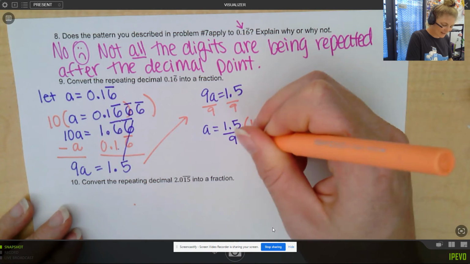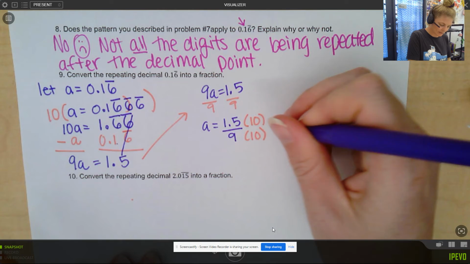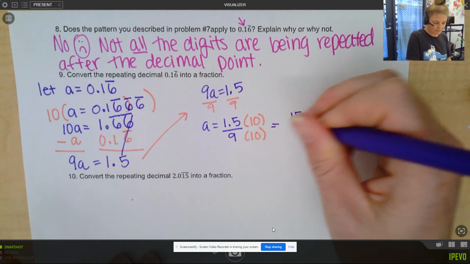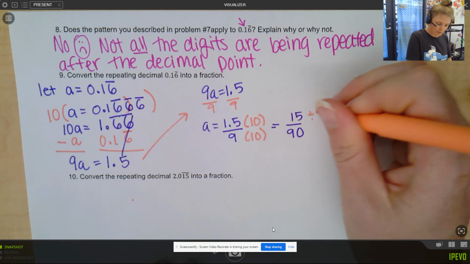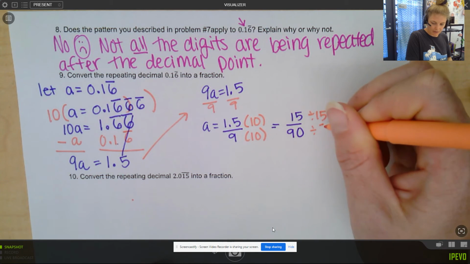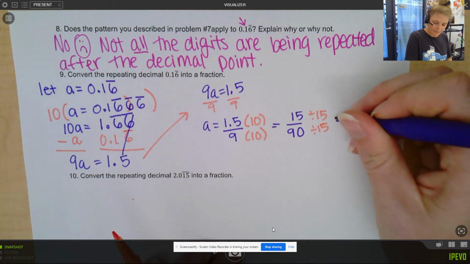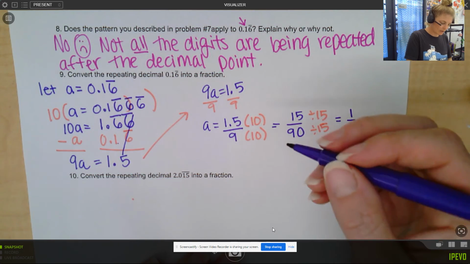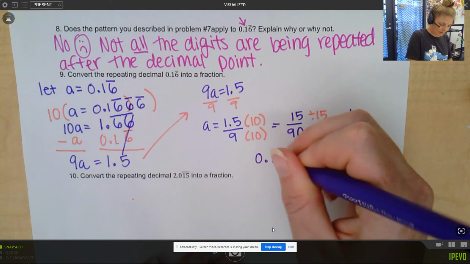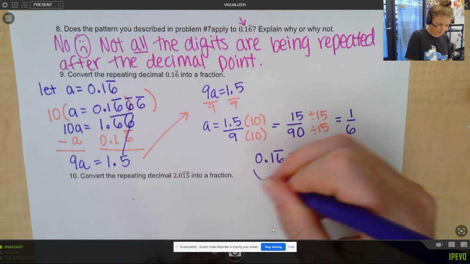But I'm just going to multiply by 10 and just do a little more simplifying. I'll get the job done. Move decimal over once, 15 over 90. I notice 15 goes into both of these. So when I divide numerator and denominator by 15, I get 1 over 6. So from here, we know that 0.16 repeating is equal to 1 over 6.